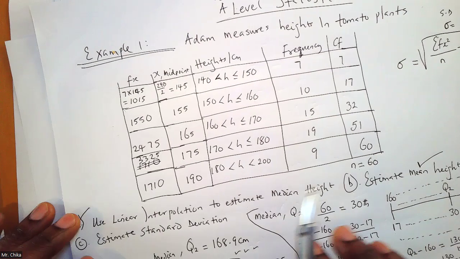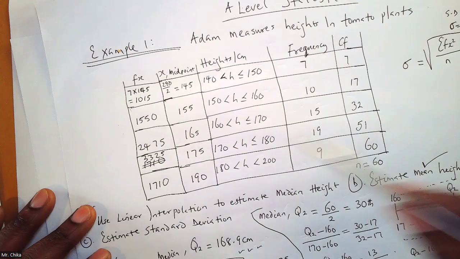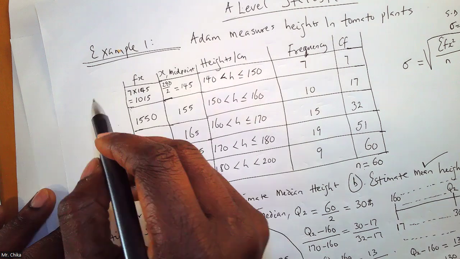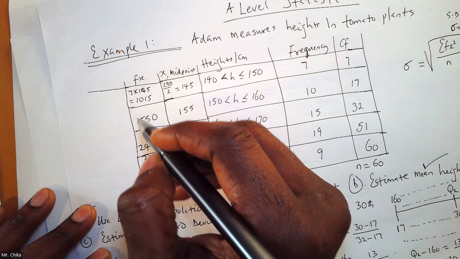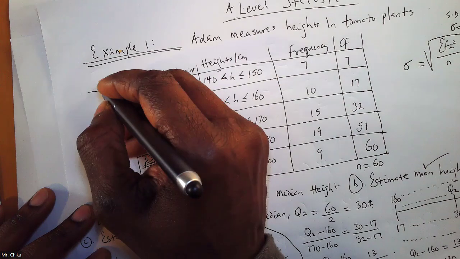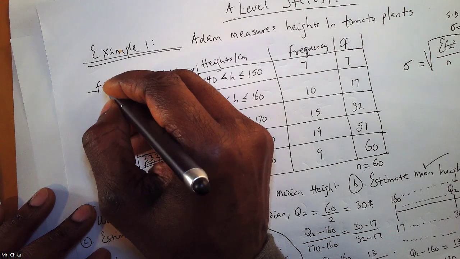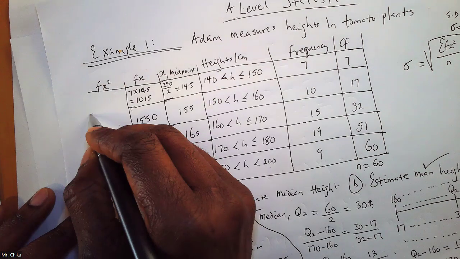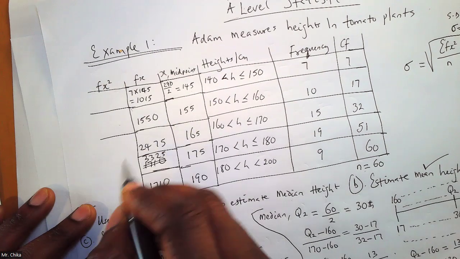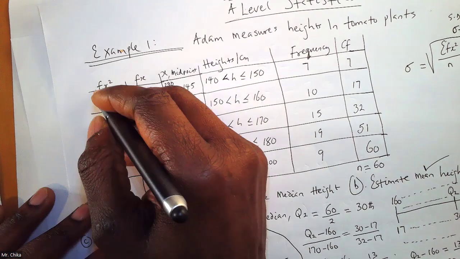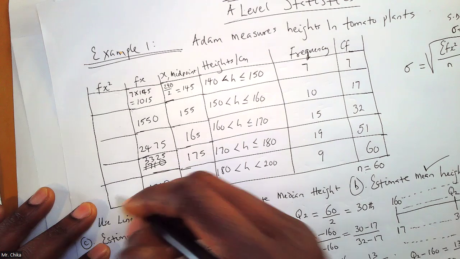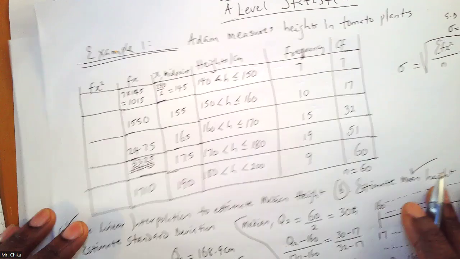So if I extend the table again a little bit here, we need fx squared. That's what we need to be able to answer that question.